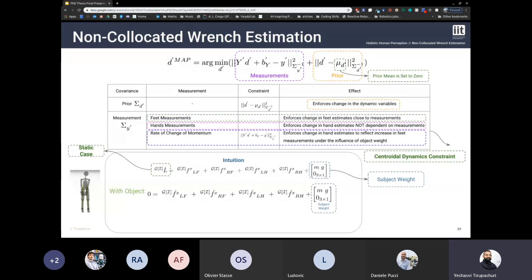Now consider the case when the human is lifting the object. Here, the estimates at the feet are subject weight plus the object weight. So in order to balance out the forces and torques, the estimator pushes the hand wrench estimates to reflect the object weight.